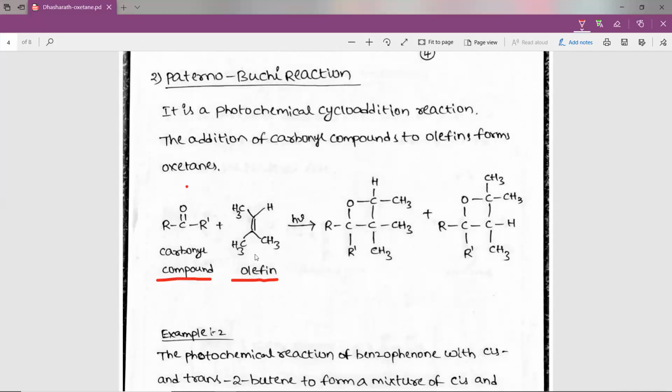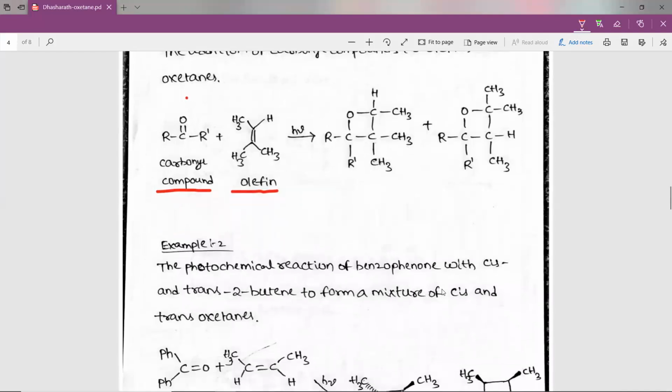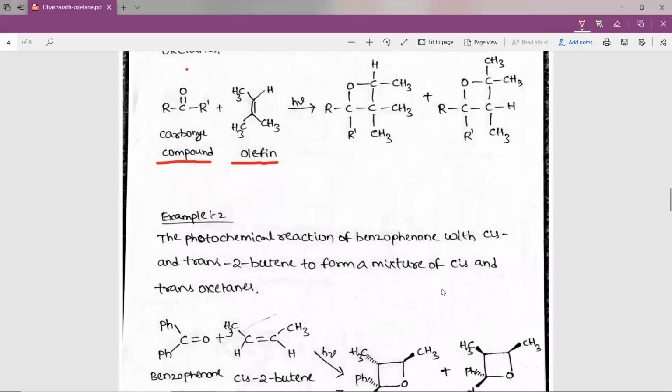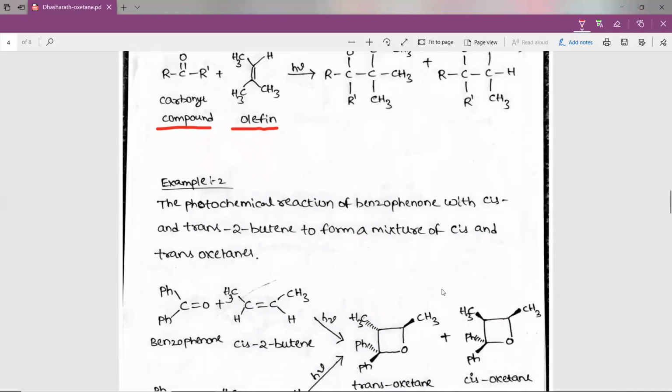So an unsymmetrical olefin will result in the formation of two oxetanes. The formation of the major product can be predicted by the formation of a triplet biradical.